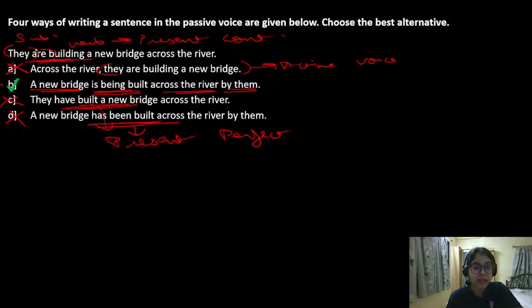अभी ये आर का इस क्यों हो गया? ऊपर वाले सेंटेंस में फोकस was on they being plural, our verb changed to are. Okay, because it's plural.